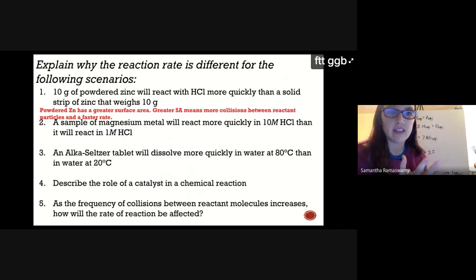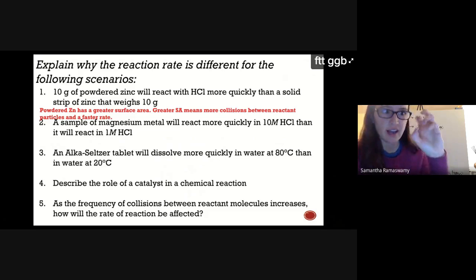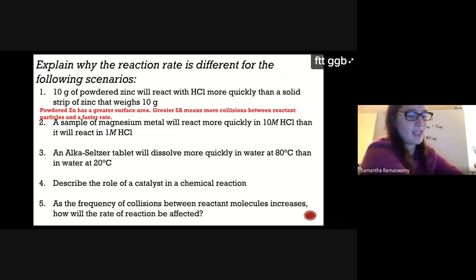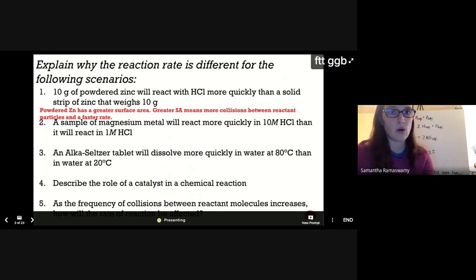So with powdered zinc, the entire side of each small piece of powder can come into contact with HCl. With the strip of zinc, only the outside can come into contact. So powdered zinc has a greater surface area. Greater surface area means more collisions between reactant particles. Notice how we tie it in to reactant particles. So it always ties in.